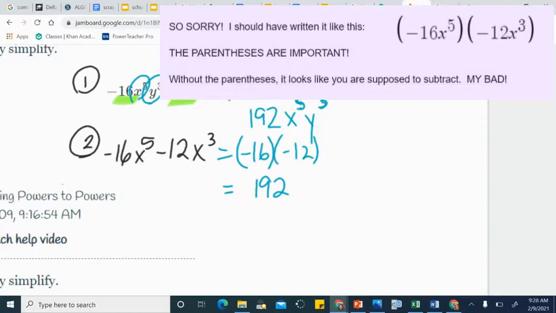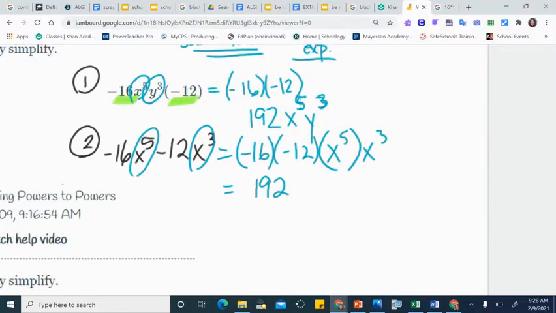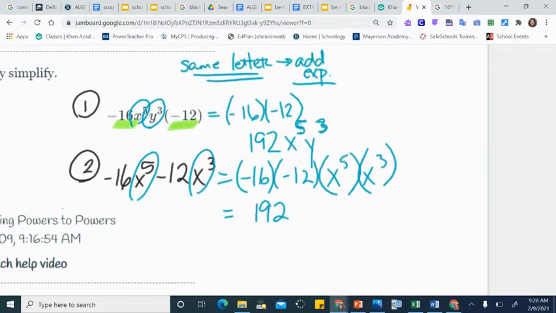But this time, because these are both the same letter, when we do x to the fifth times x cubed, we can actually add those exponents together. So 5 plus 3 is 8. Now, if you're going, wait, why is that? Well, let's look at what these two things mean, right?